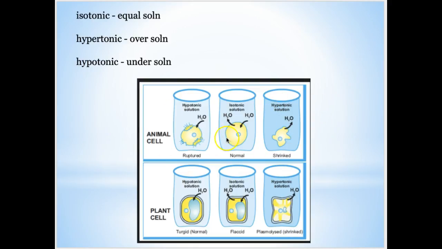A hypotonic solution would be something that has little to no salt. Animal cells do better under isotonic, with a little bit of salt, so this would be ideal for them. Too much salt would make the cell shrivel and shrink, and hypotonic would be very little salt at all, and the cell itself would take in too much water.